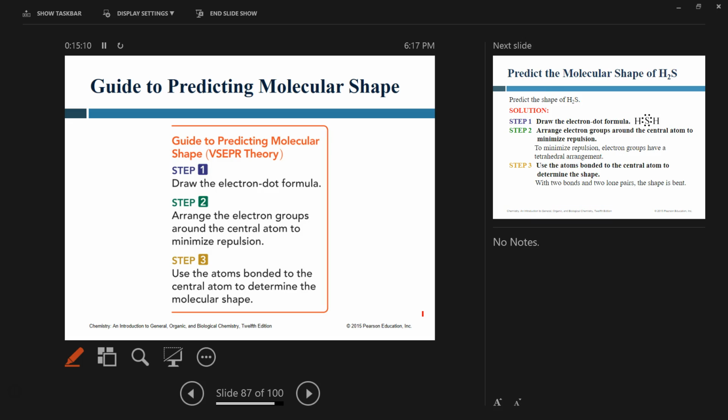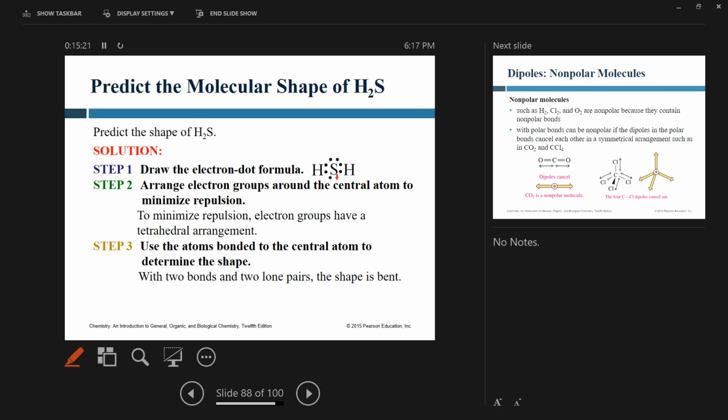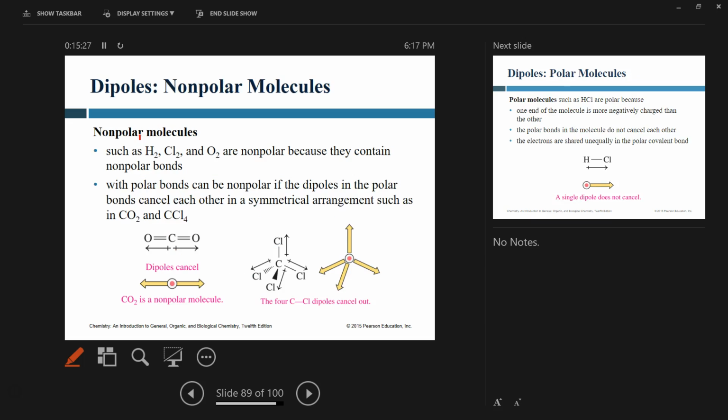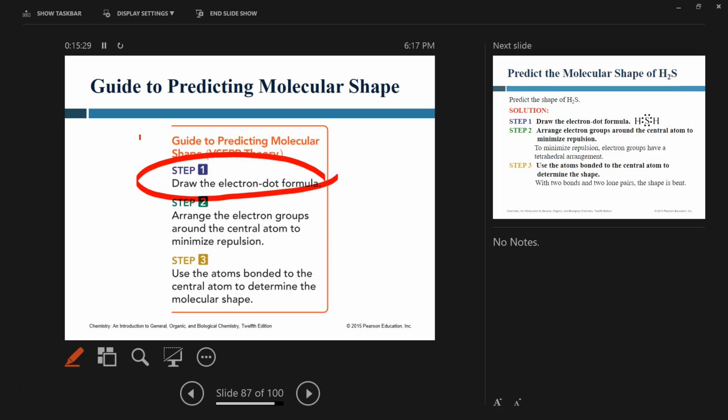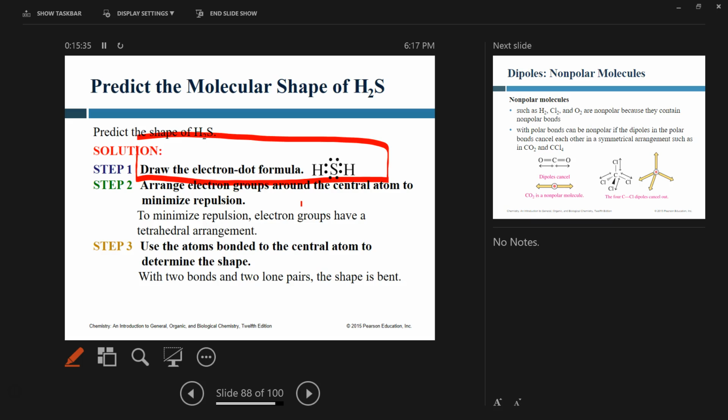So how do you predict the shape in general? So first, you need to draw the electron dot formula. That's your step 1. Okay? Next, you need to arrange the electrons so that the repulsion between the lone pairs and the bonding pairs will be minimal.